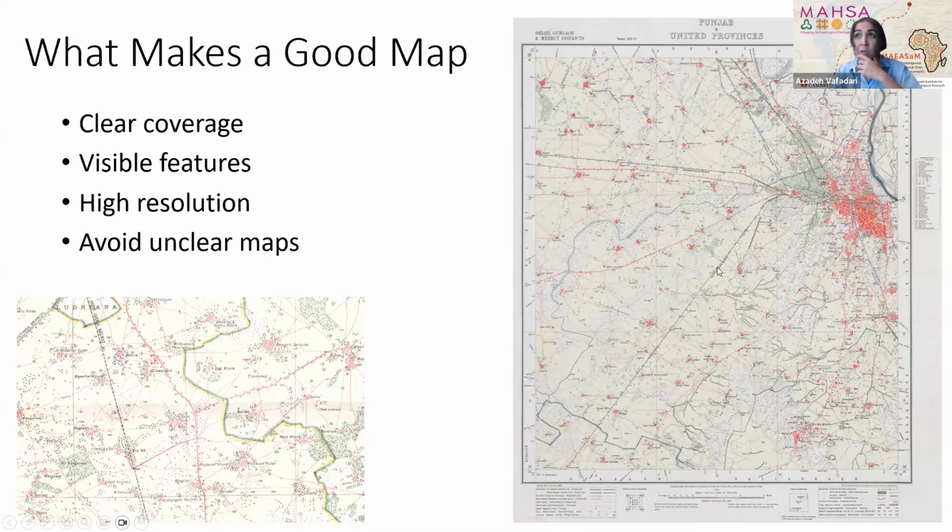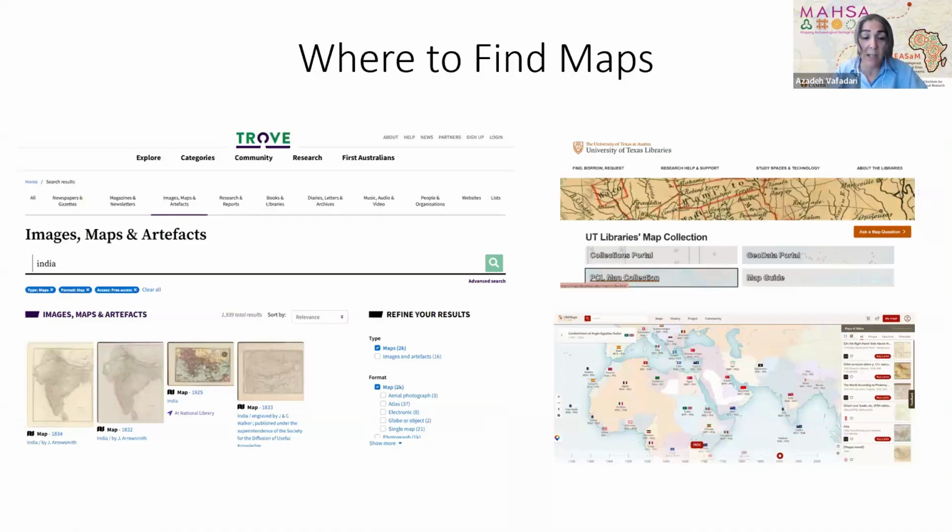That has a lot to do with the resolution of the maps. If possible, avoid unclear maps and work on the more useful ones. At the bottom here, I wanted to show an example of the maps, because these maps are stored in repositories and archives, and a lot of times they've been folded, so there are things on the maps that make using them a bit more challenging.